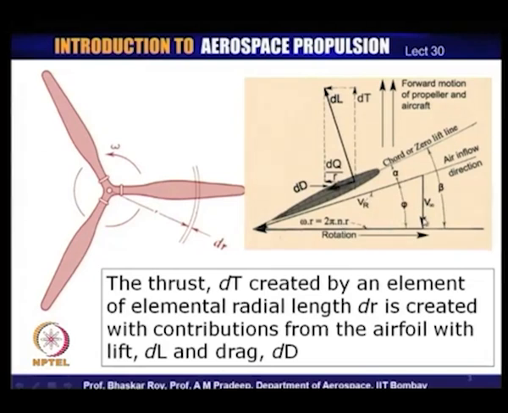And this propeller, along with the aircraft which it is flying, is moving with a forward velocity of the order of V infinity. So, this is the velocity with which the air is coming and meeting the propeller. This is the relative forward velocity with which the air is meeting the propeller, and this is the rotational velocity of the propeller section.